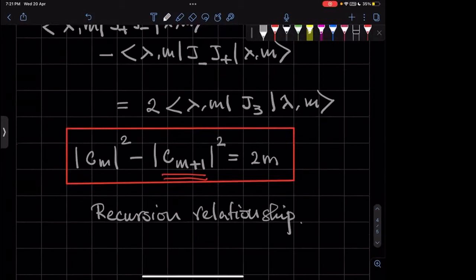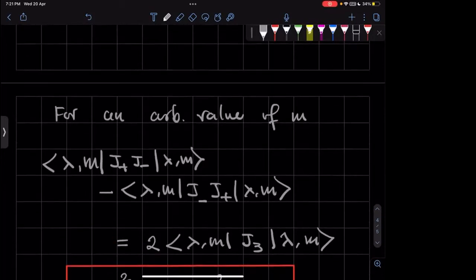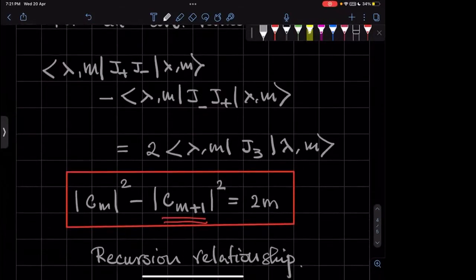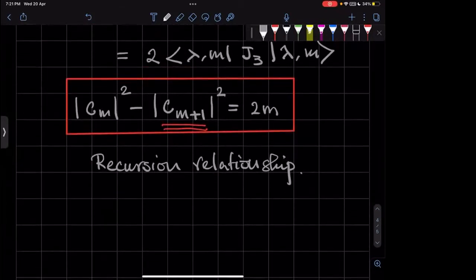Those of you who are from CSE, you know recursion as a technique one uses in programming. Okay, so we have a recursion relationship and we have a boundary value. So we should be able to solve this whole chain of constants, right?